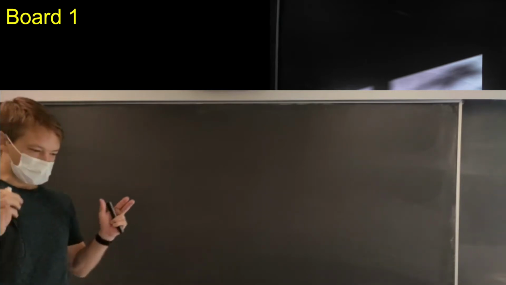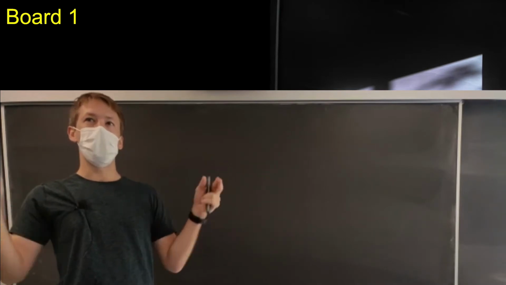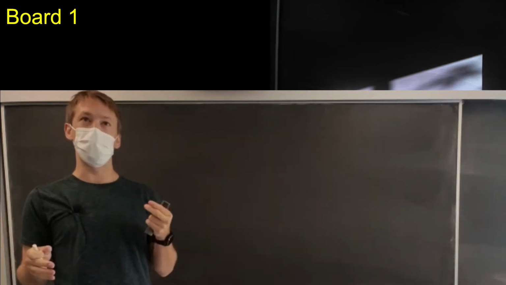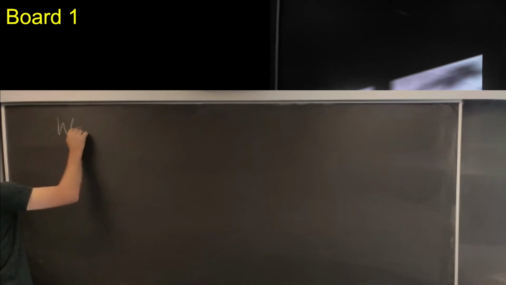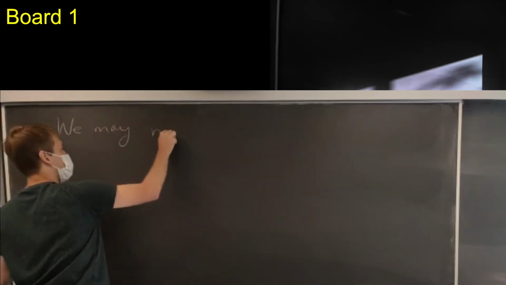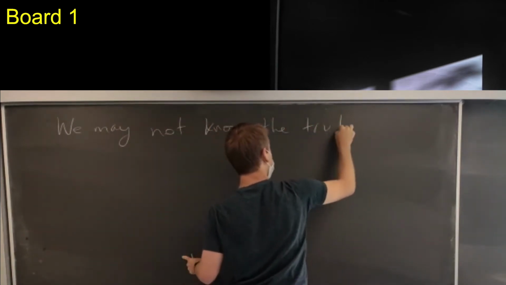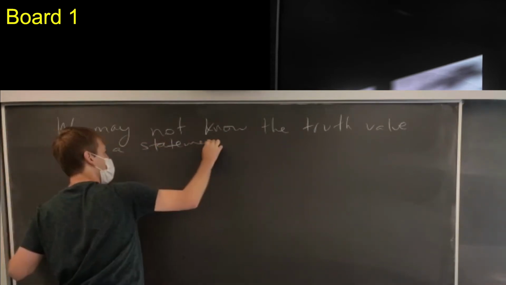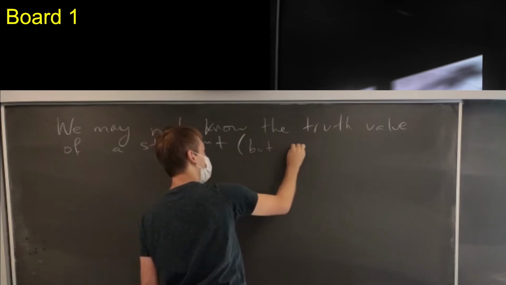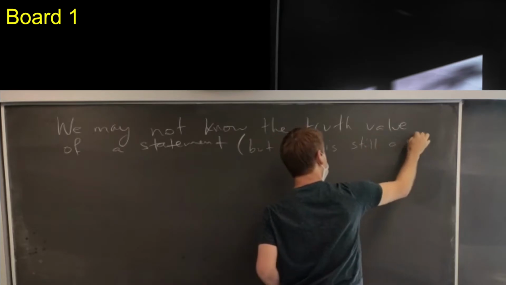A statement is something which has an unambiguous truth value, but that doesn't mean that we have to know the truth value in order for it to be a statement. So we may not know the truth value of a statement, but it is still a statement.